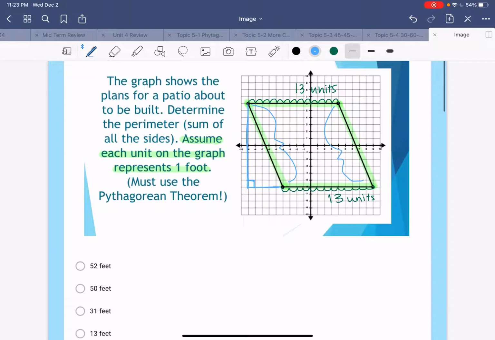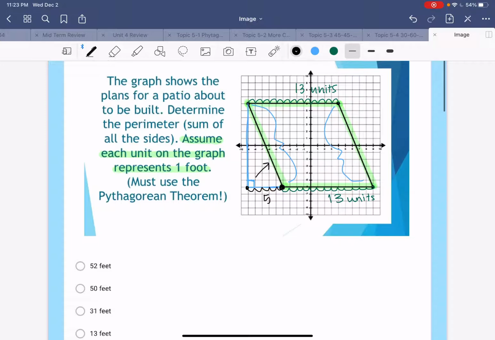The distance that we're trying to find is the hypotenuse of this triangle. So all we have to do is count the units that it makes. From this end point right here to this end point of our imaginary right triangle that we created is 1, 2, 3, 4, 5 units.